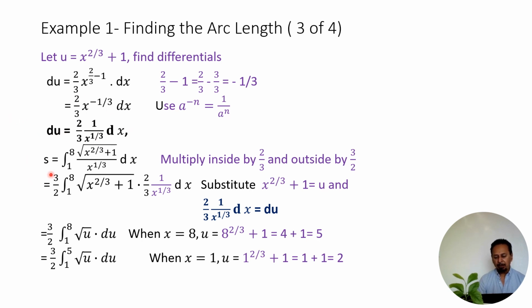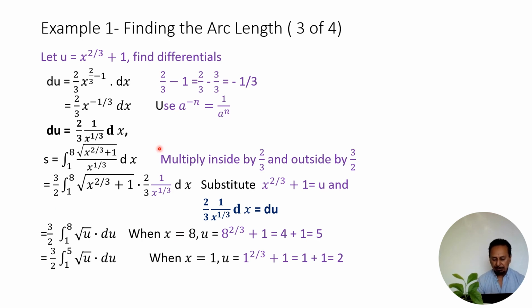Now let's rewrite the integral for the arc length, which is the integral from 1 to 8 of the square root of x to the 2/3 plus 1, over x to the 1/3, dx. According to the differential, we can move the x to the 1/3 here and multiply by 2/3 here, and outside we multiply by the reciprocal of 2/3, which is 3/2.